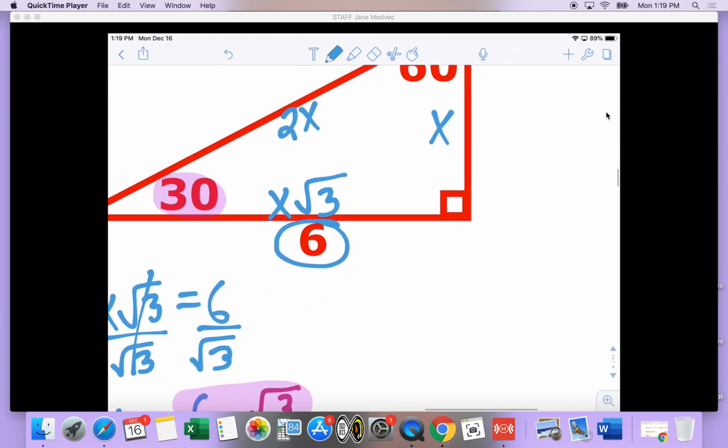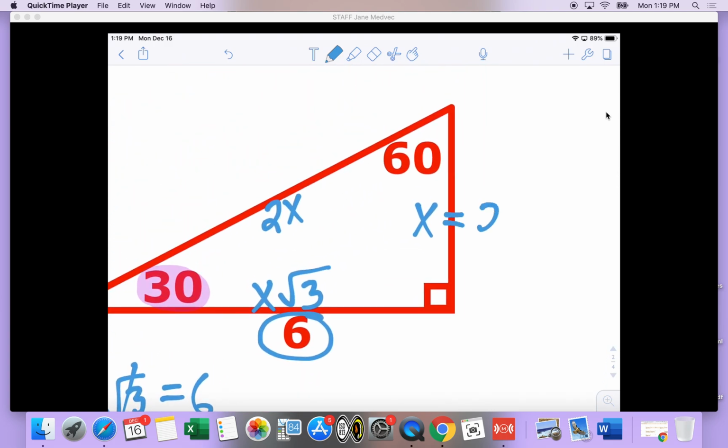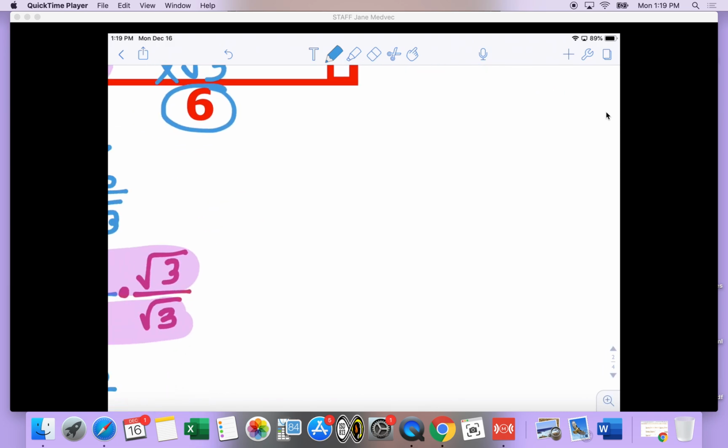So I'm going to go back. This is 2 root 3. Okay, I've got the 2x. Oops. So I'm going to grab 2x. What am I going to do with that? Yep. Good.